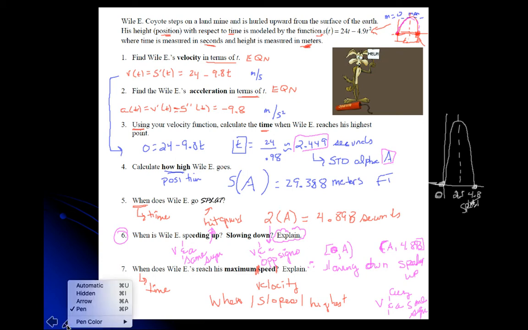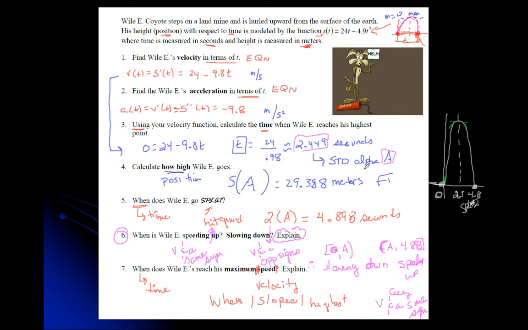When do you have the highest slopes? Well, it's certainly not at the maximum. That slope is a slope of 0. It's not just to the left or just to the right of that horizontal tangent either. Where is it? Right when he leaves the ground, just as he has the explosion, that's when his maximum speed is on that end.